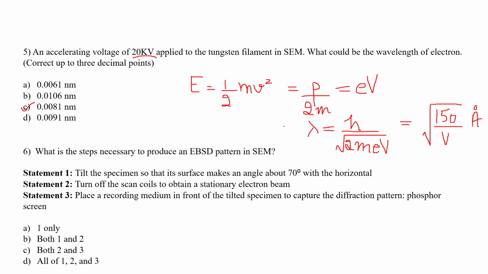When you are not considering the relativistic mass, you can also write the wavelength as lambda equal to 15 divided by under root of V. If you are writing 15, it will be in Angstrom.